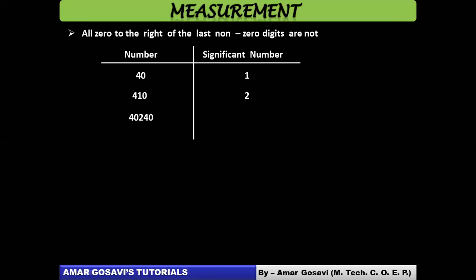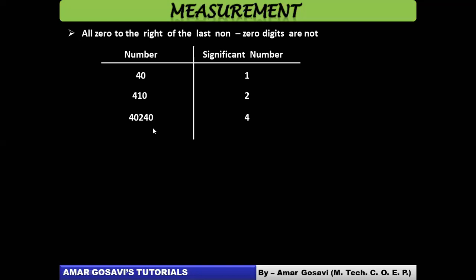Let's see how many of you can depict which 0 is significant and which 0 is not significant. Come on, tell me. 4. Yeah, exactly. That means the 0 between 4 and 2 is significant, but the 0 after this 4 is not significant. So yes, the answer is 4.